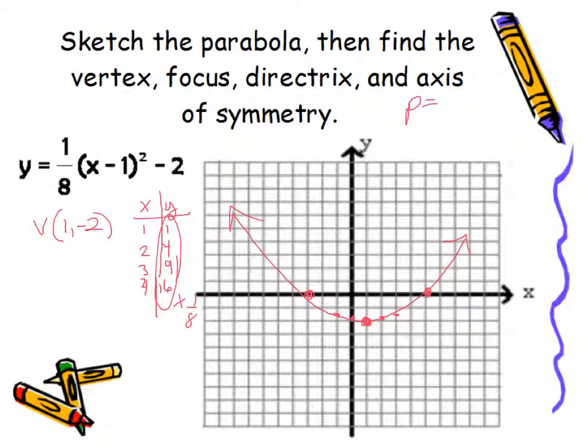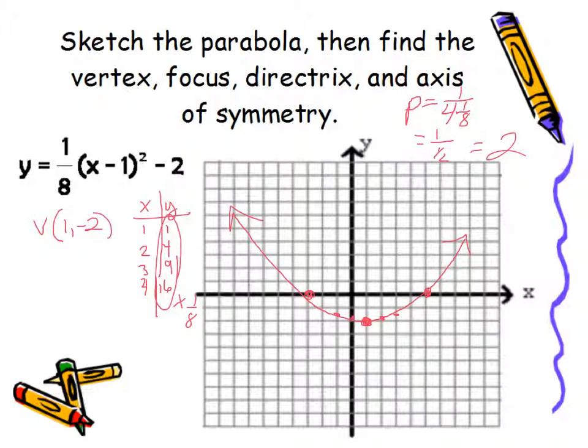P is equal to 1 over 4 times a. 4 times 1/8 is just 1/2. So 1 divided by 1/2 is really just going to end up equaling 2. So P, that distance between the vertex and the focus, is 2 units.